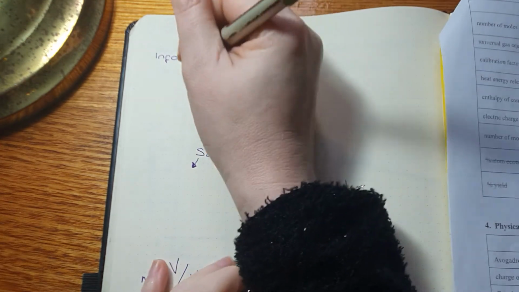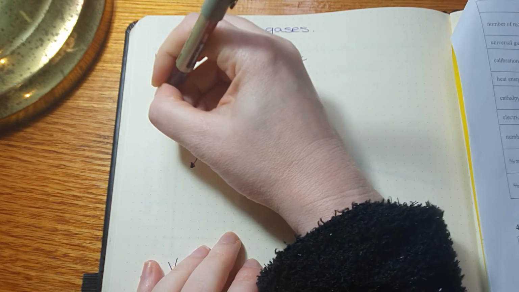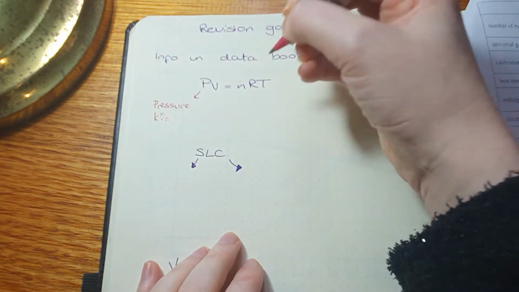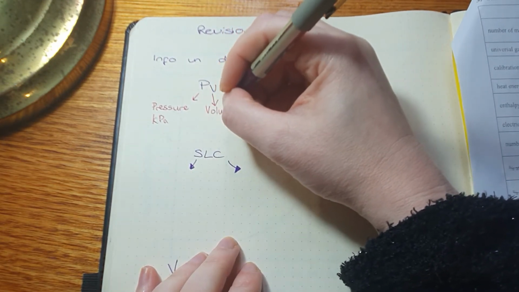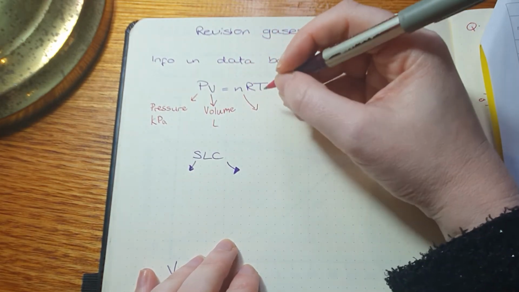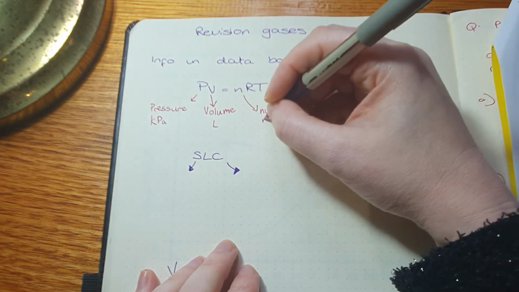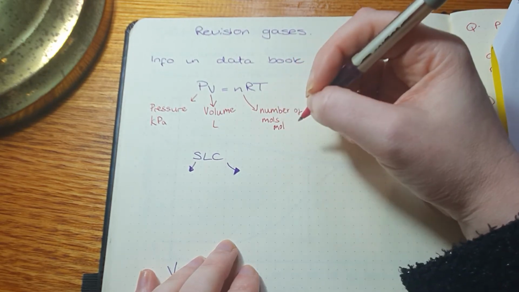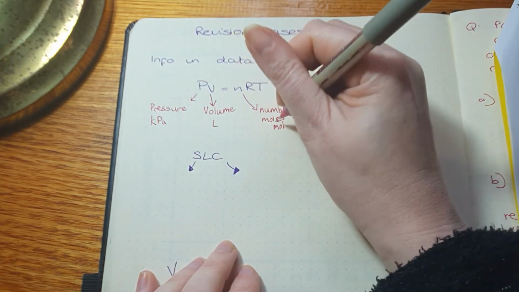So we'll start with this side. P is our pressure, measured in kilopascals. Then we have our volume, which is in litres. Then we have n, which is the number of moles, and mole is our unit.